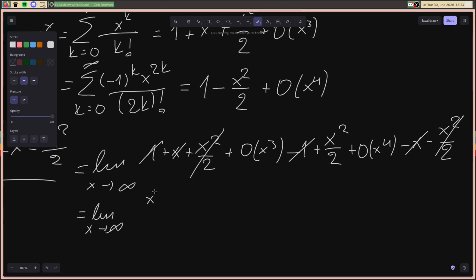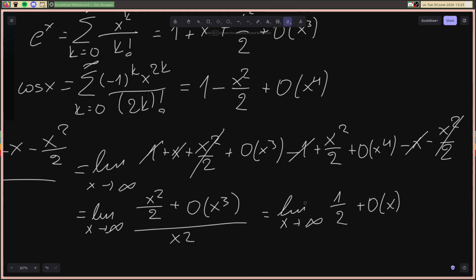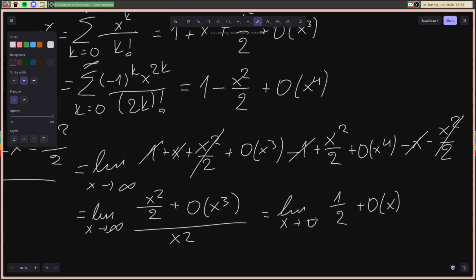We get x squared over 2 plus stuff that's of the order of x to the third, all over x squared, and this will give us the limit as x goes to 0 of 1 over 2 plus something of the order of x. Of course, something that's of the order of x as x goes to 0 also goes to 0, so this is just 1 over 2.